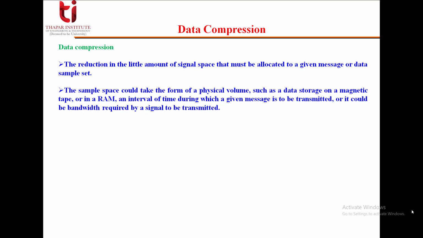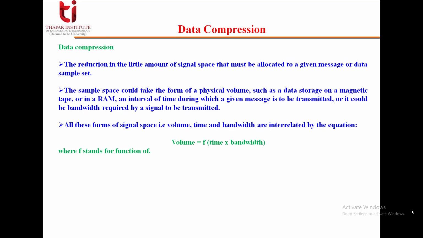The sample space could take the form of a physical volume such as a data storage or a magnetic tape or a RAM, an interval of time during which a given message is to be transmitted, or it could be bandwidth required by a signal to be transmitted.